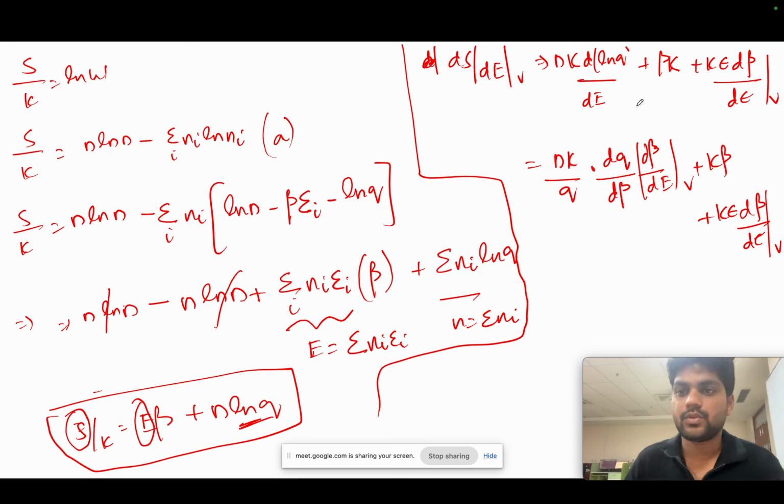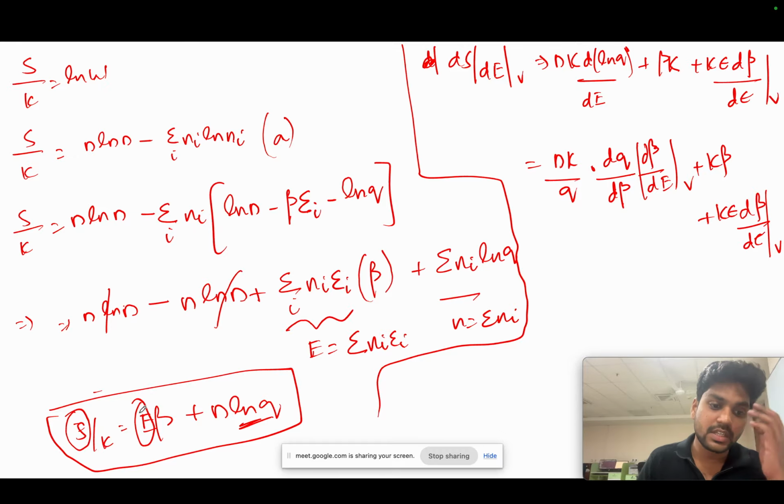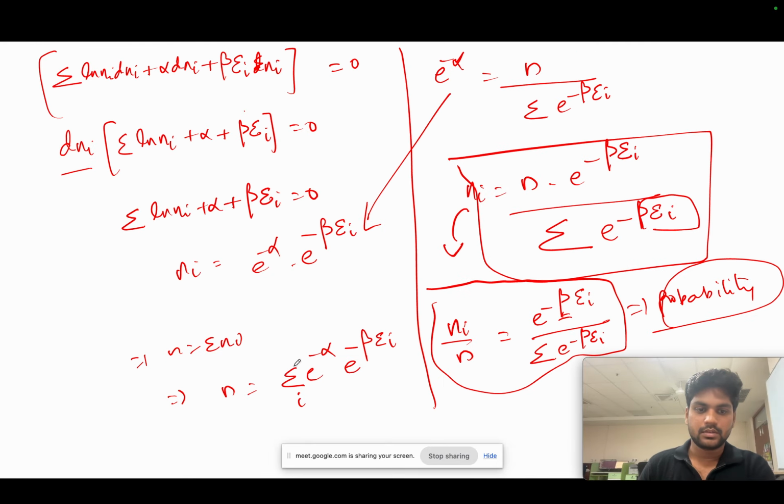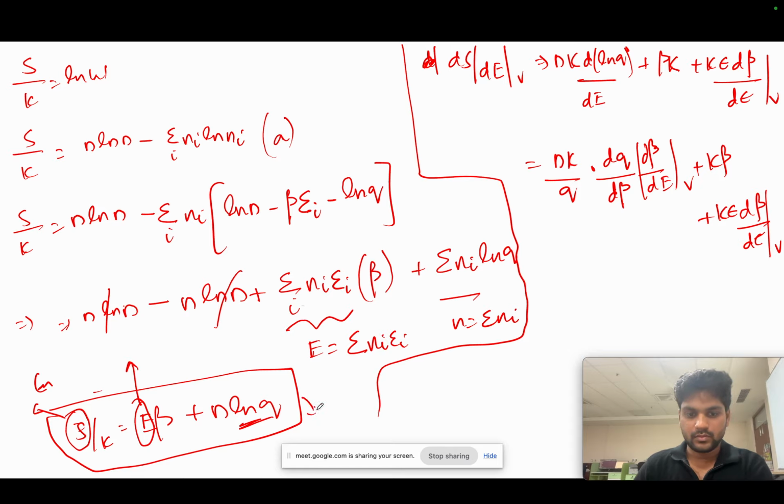How we got this equation: the properties which change with the states are entropy, overall energy, and ln Q. Q is nothing but the sum of e power minus beta epsilon i, so here also we have the energy term of the particular ith state.